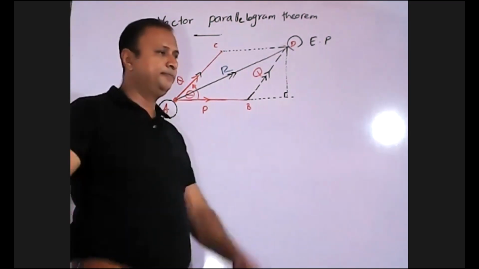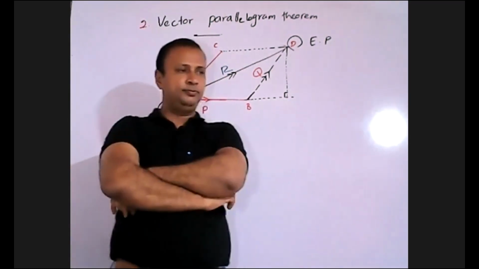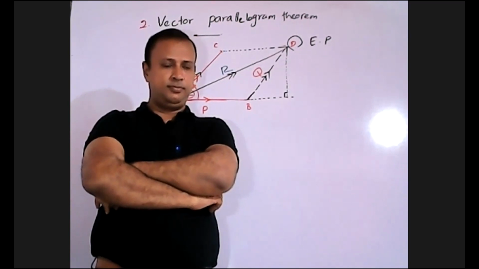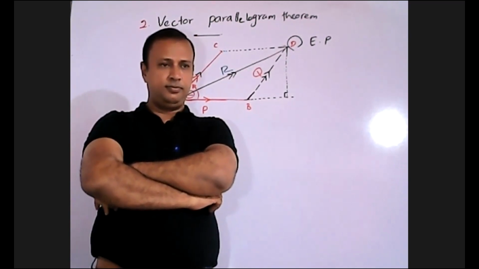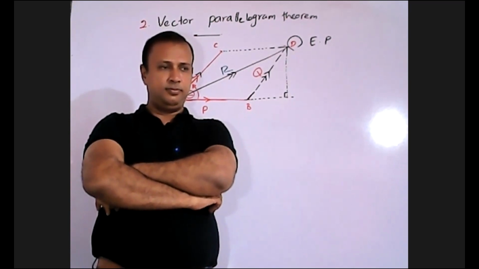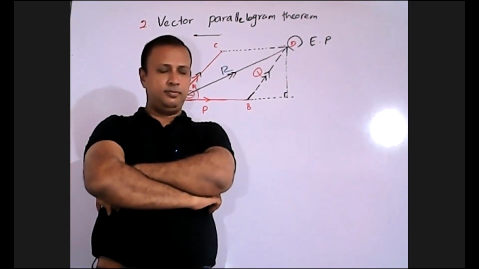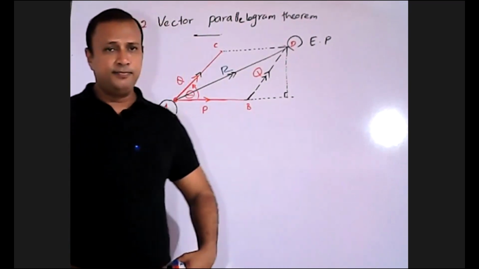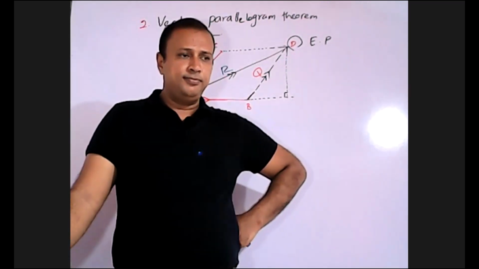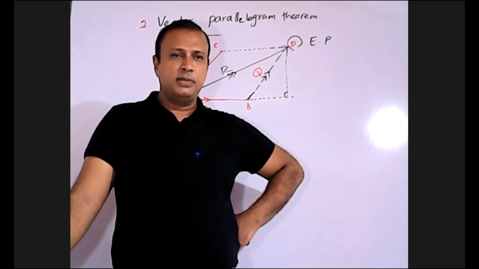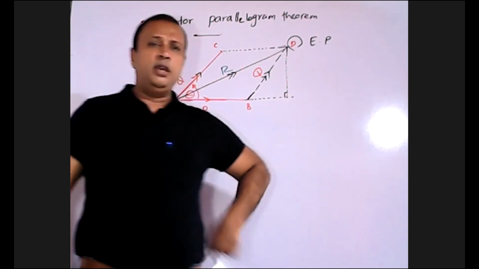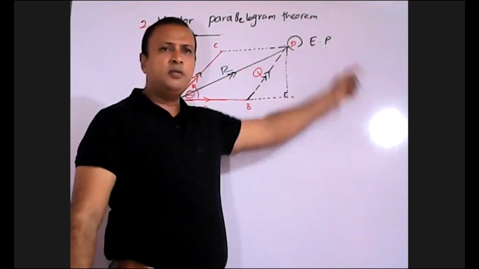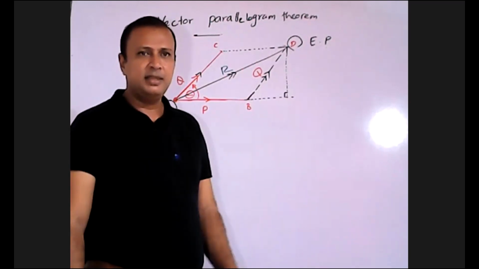So the endpoint of the first vector, actually you don't need to write endpoint in long format. Write E.P. for endpoint and S.P. for starting point, in short format.